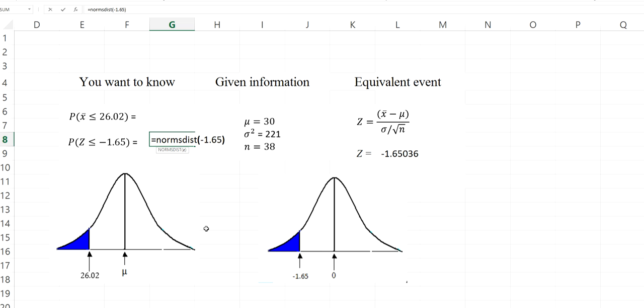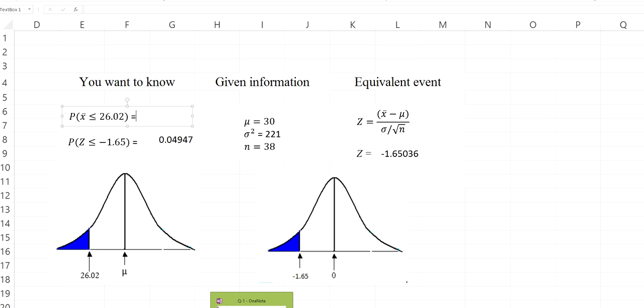That's it. So it is 0.049. That means almost 5% of the values of the Z are below this number. So the same way, 5% of the values of X bar are below this number, 26.02. That's why I call it a left-sided probability.